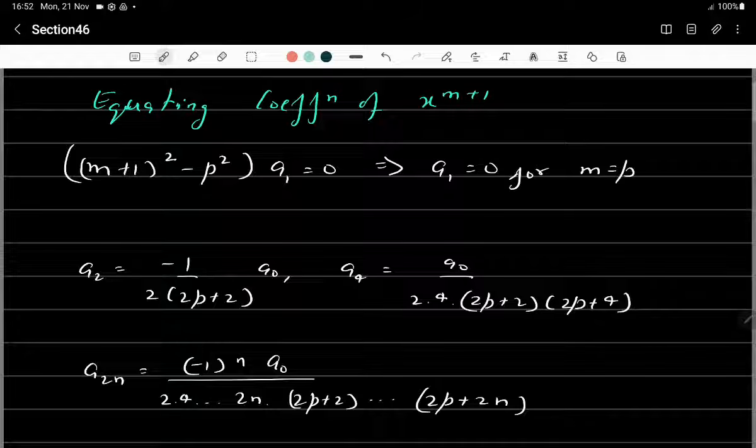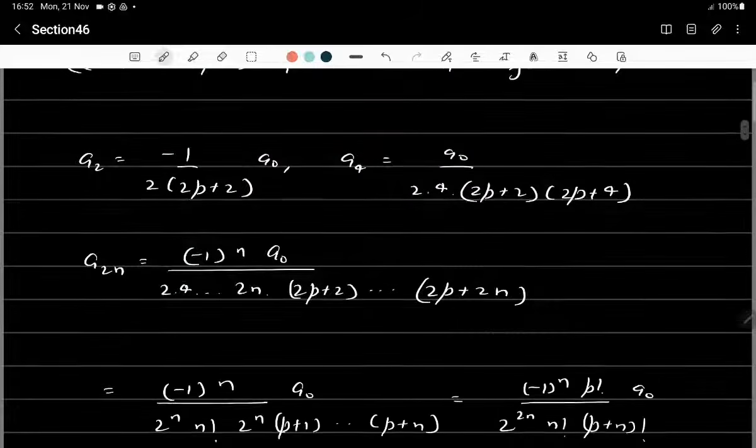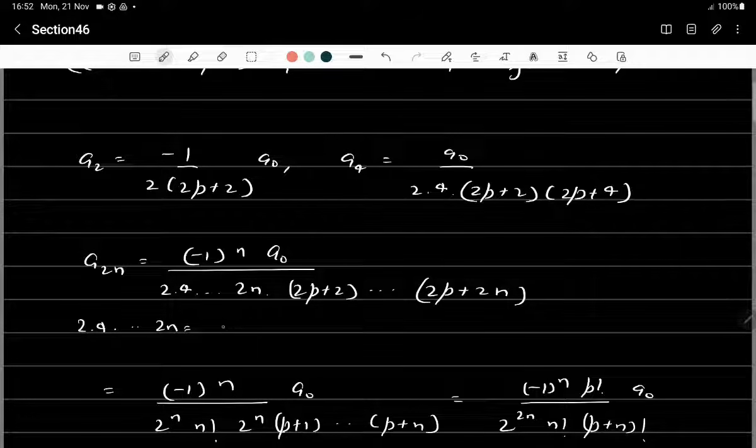Now from here what you can observe is that 2.4...2n can be written as, you can take 2 common from all the terms and there are n terms, so 2 raised to the power n would come out to be common and the remaining terms would be 1.2 till n, which is n factorial.